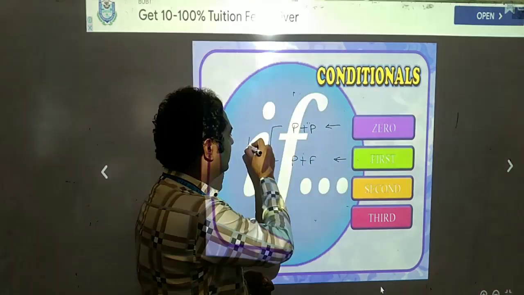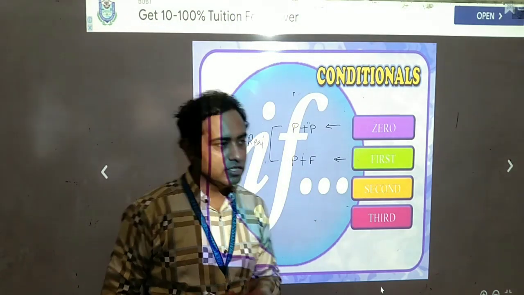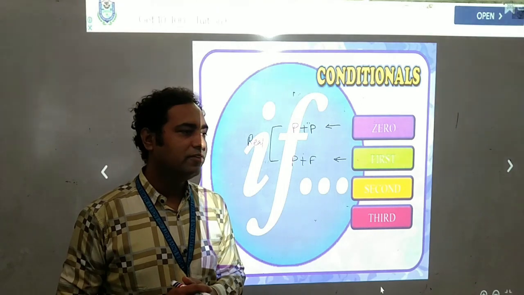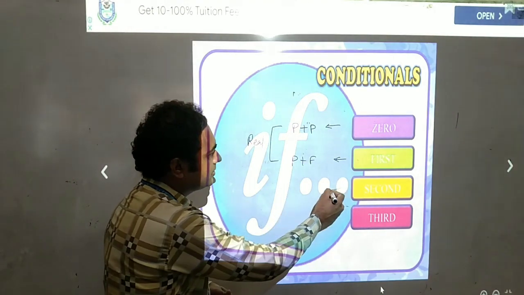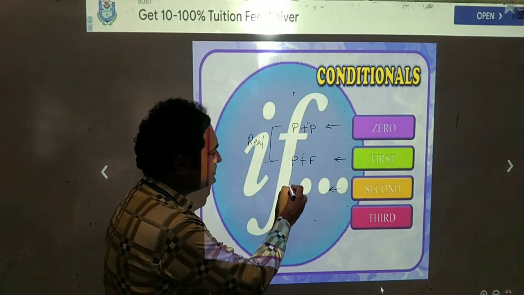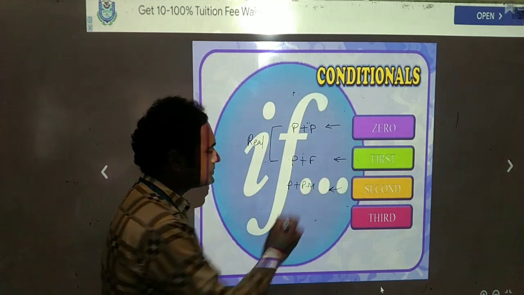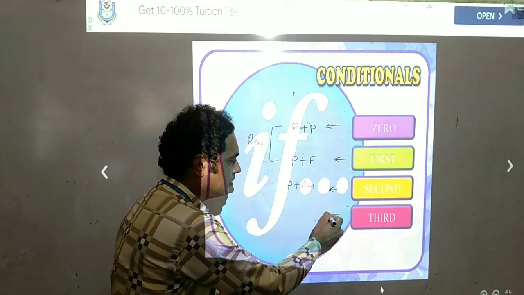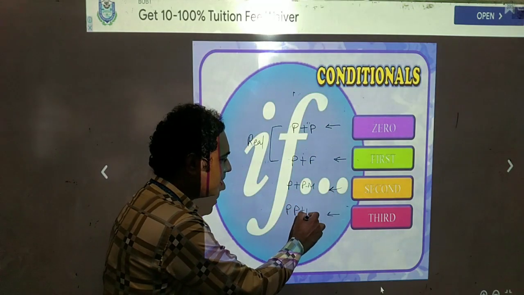They are real. These two conditions are real and in front of you, and they are very much possible. On the other hand, the second conditional is past plus past modal. And the third conditional is past perfect plus perfect modal.